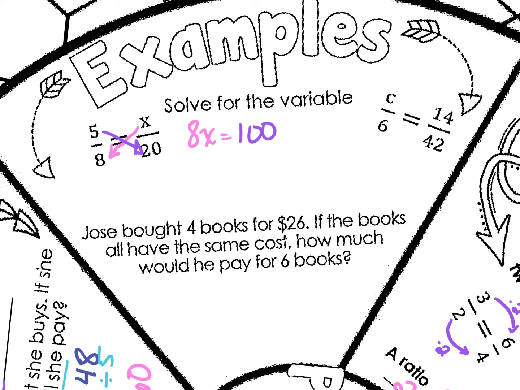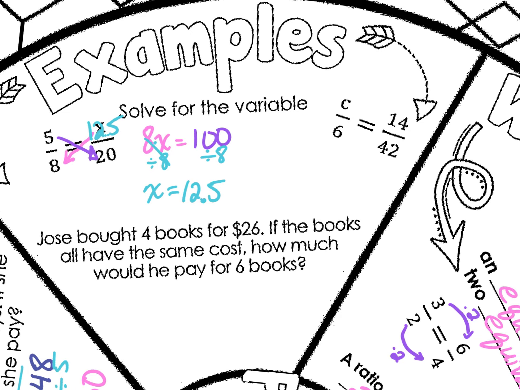Then cross multiply, then divide. So it's 8 times x. I'm going to divide by 8. So x is equal to 12.5. And again, if you plug that back in, 12.5 up here, and I cross multiply, 5 times 20 is 100. 8 times 12.5 should also be 100.